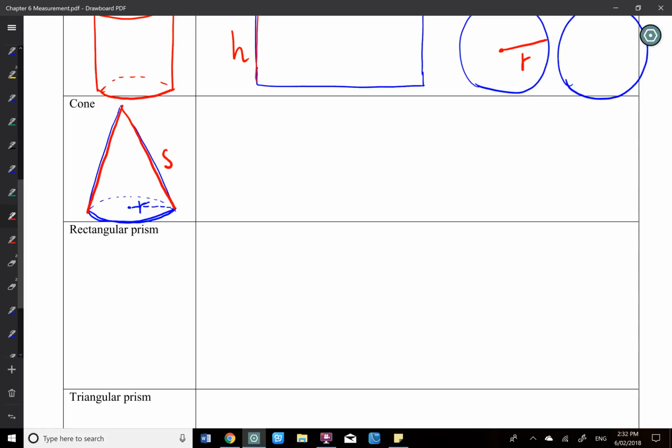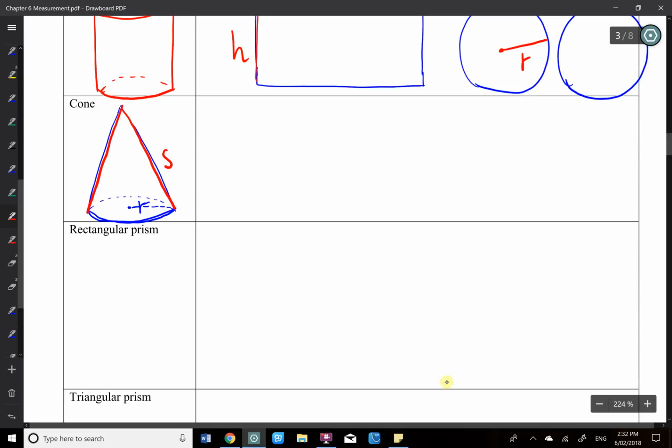What do you think the net will be if you cut it? We'll definitely have a circle for the bottom. So what does the other face look like? A sector, that's right.